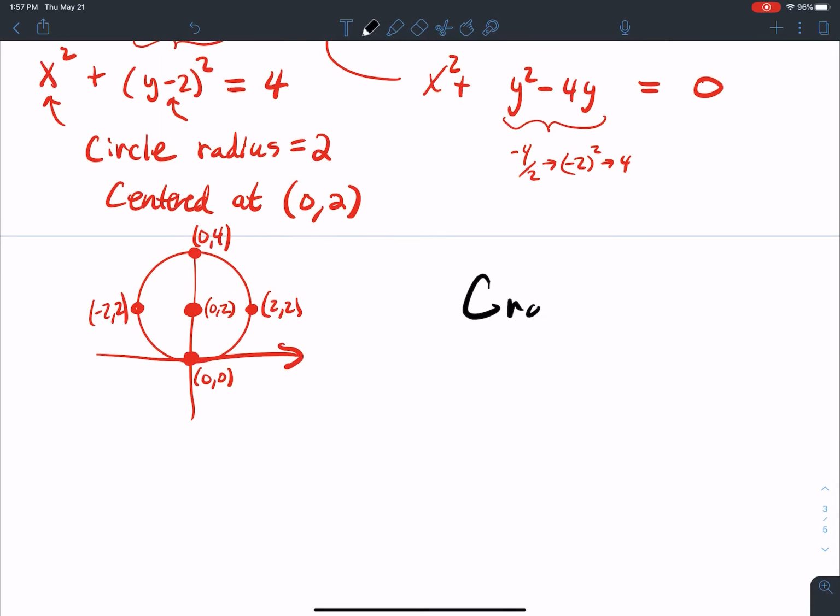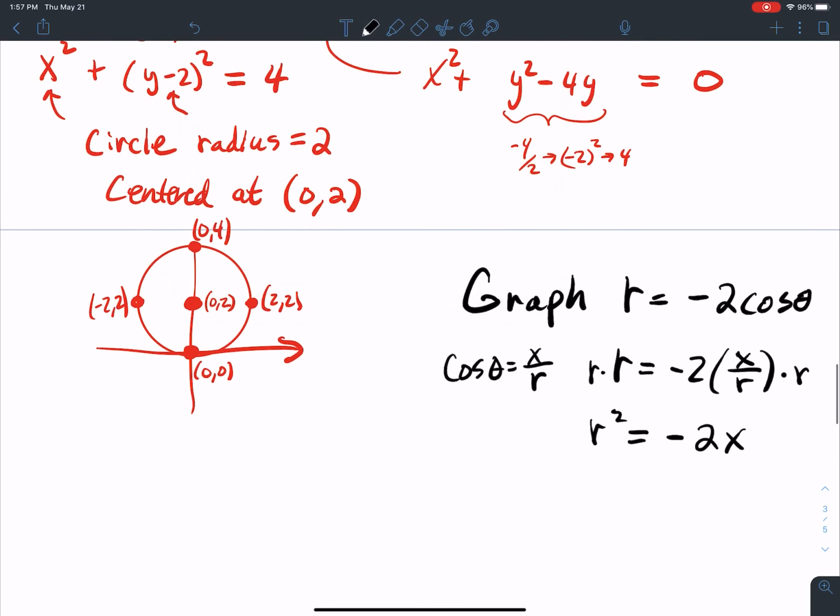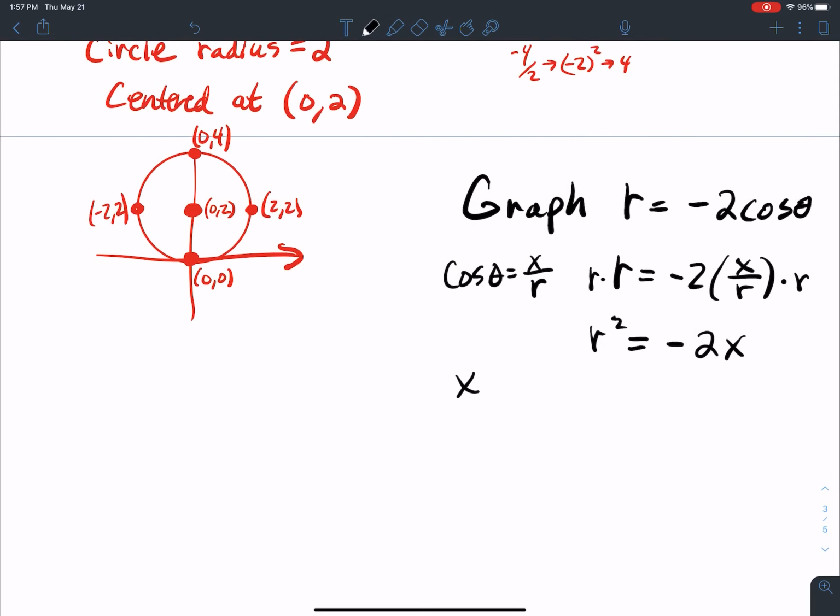All right, let's try another one. I want to graph r equals -2 cosine theta. Now I know cosine theta is x over r, so this becomes r equals -2x over r. Multiply both sides by r. I get r squared equals -2x. Same thing, x squared plus y squared equals -2x. Add 2x to both sides.